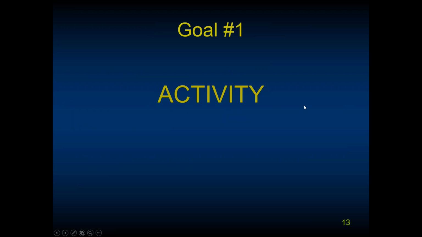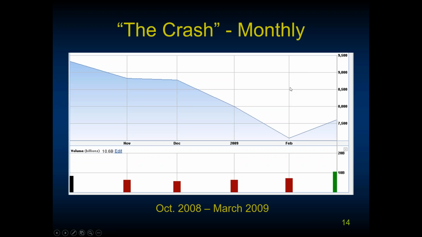So when we look at this, we have to first decide for ourselves, what's our activity level going to be in this market? And I'm going to use an example. Some of you may have seen this before, but I take an example from the worst period of trading in our lifetimes, and that was the crash of 2008, 2009.